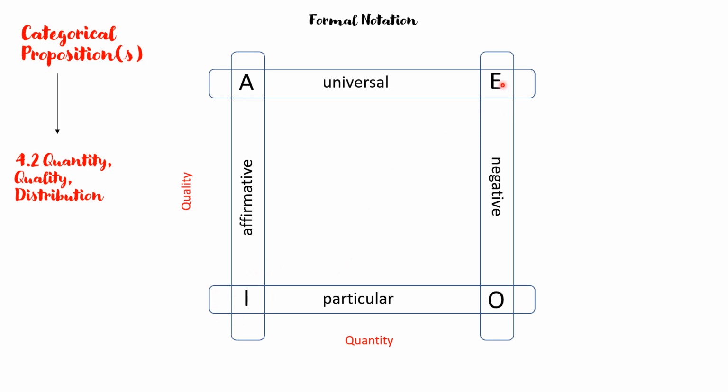And we also have negative propositions in E and O. There are also other ways of understanding them, and that is when we talk about their distribution.